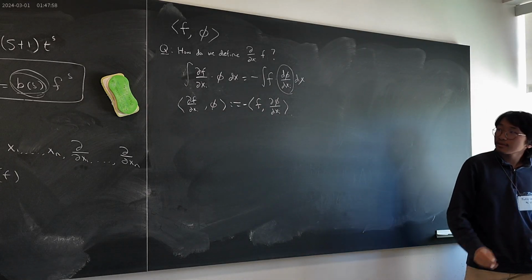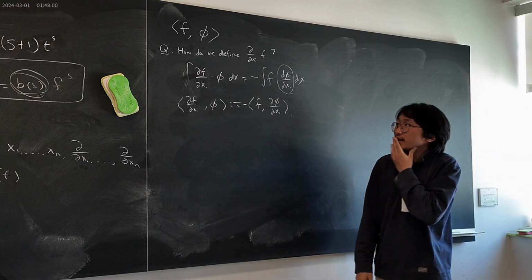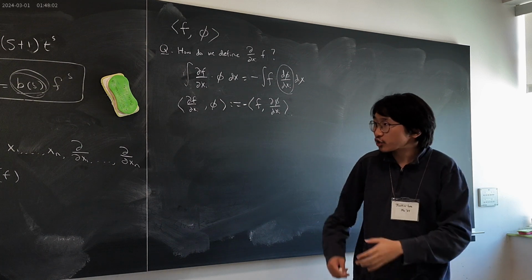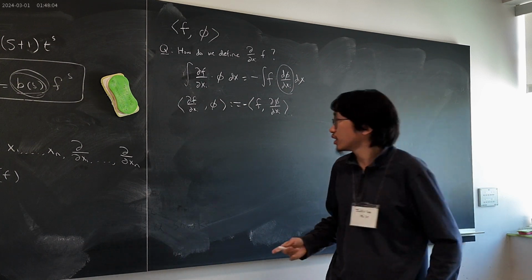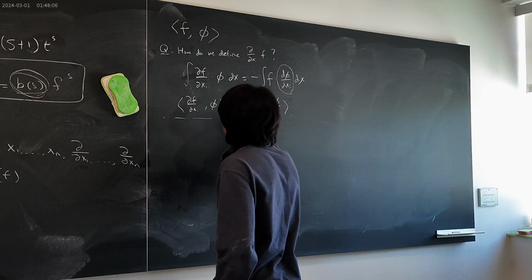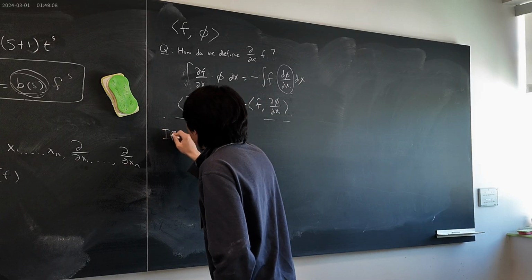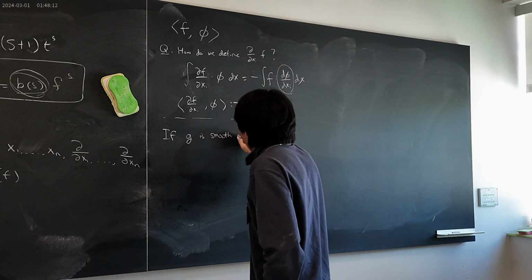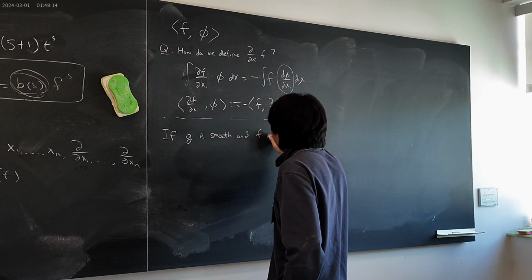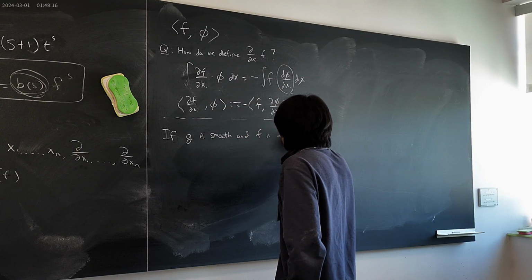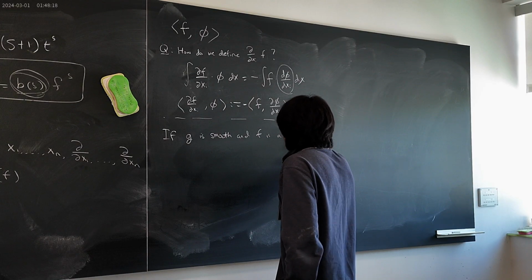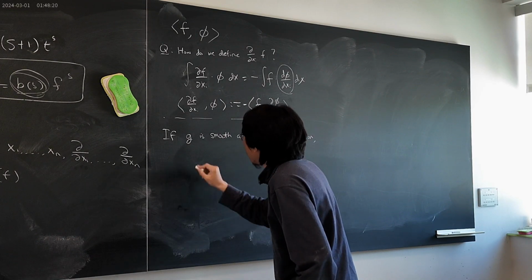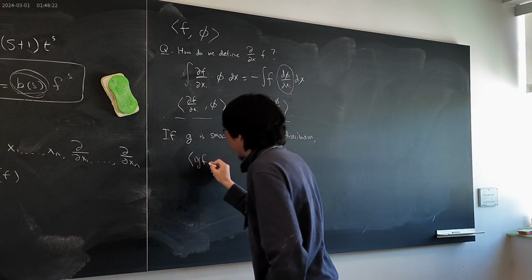Now, the other operation we can use with distributions is that we can multiply by a smooth function. So if g is smooth and f is a distribution, then we can define the product of g and f.